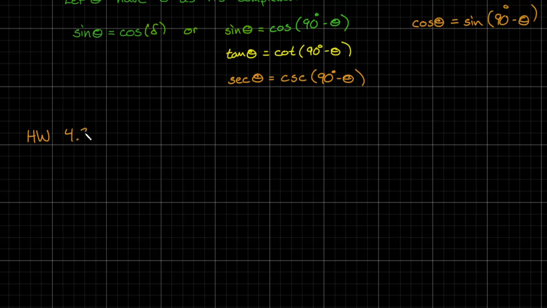We'll call this homework 4.3.1, and it is waiting for us on page 286, I believe. And let's see. I want you guys to do 1 through 3. They're vocab.